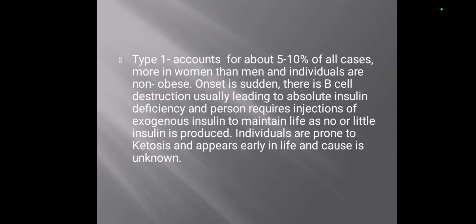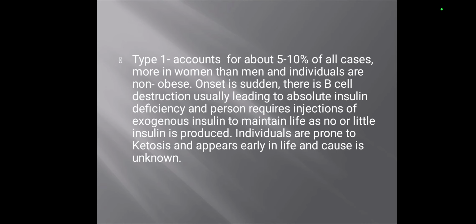So you find that these individuals are prone to ketosis, and it also appears early in life, and the cause is unknown. They usually refer to it as juvenile, and sometimes as genetic.